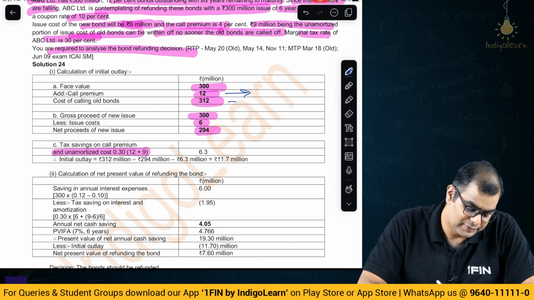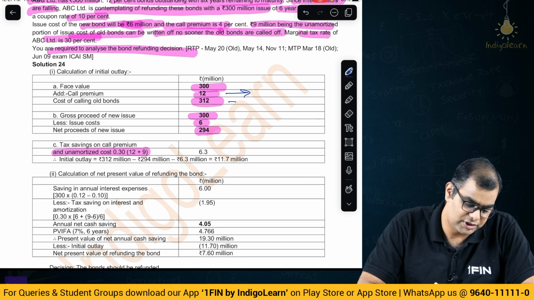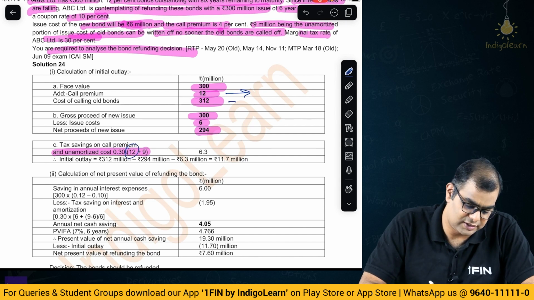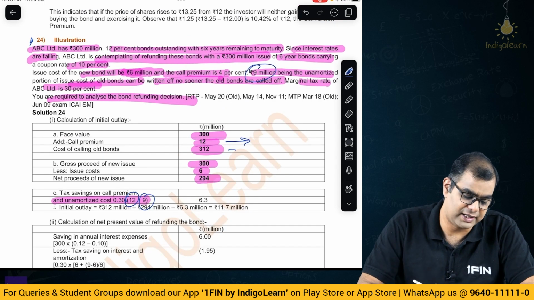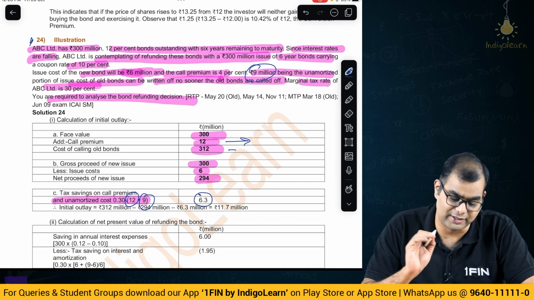So what is the tax saving on call premium and unamortized cost? You have 12 as the call premium, and 9 million as the unamortized cost of the old issue. So 12 plus 9 is 21, 21 into 0.3 is 6.3 million. This is the tax saving here.